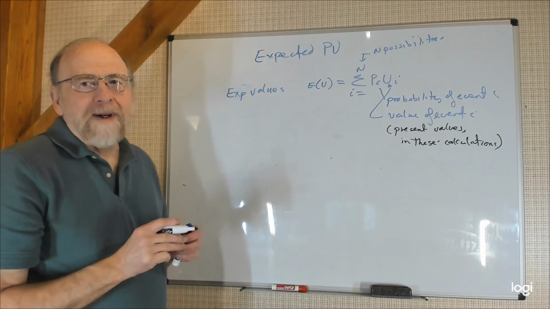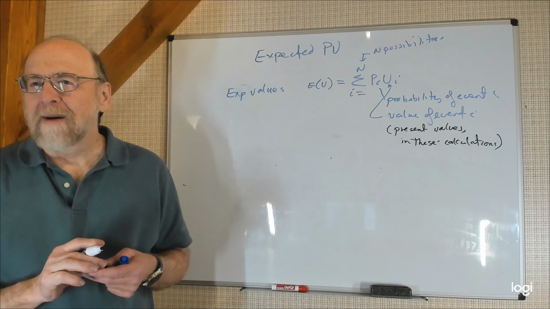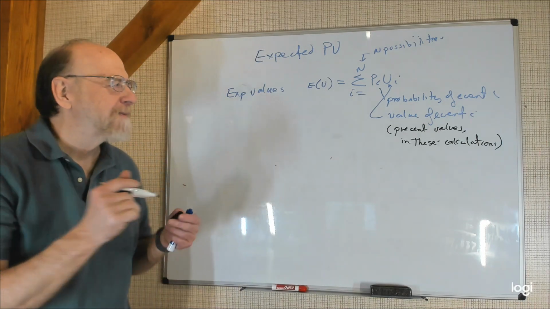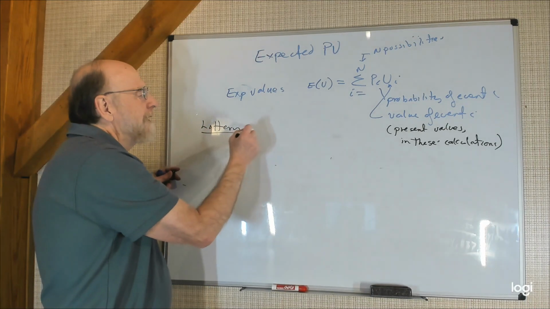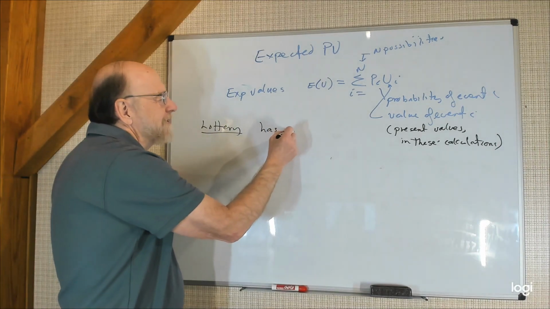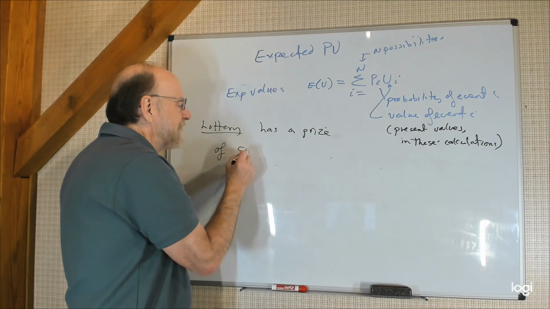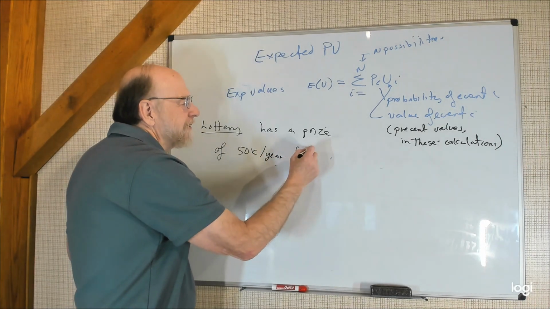Okay, so what I'm going to do is an exercise just to illustrate this and wrap up this section as far as the recorded lecture is concerned, which is to think about a lottery. Okay, so the lottery has a prize of $50,000 per year for 20 years.